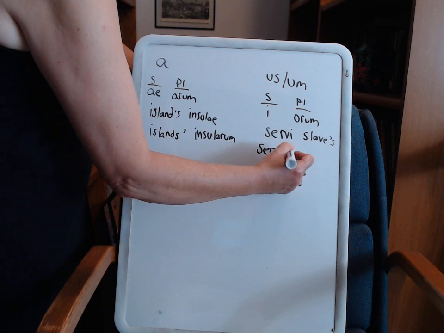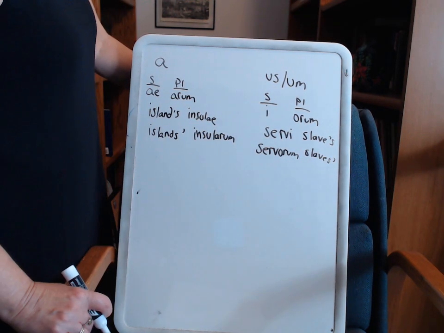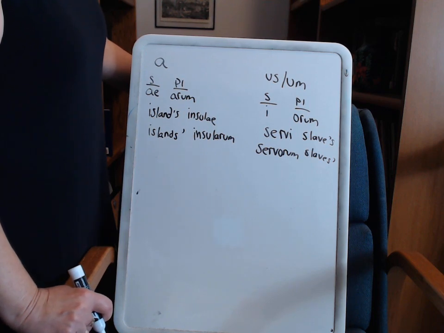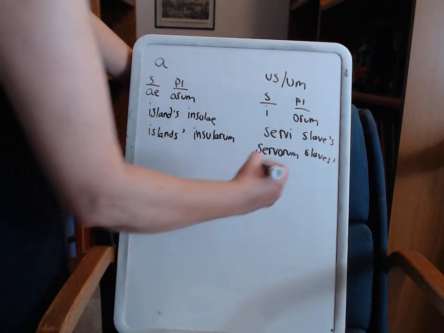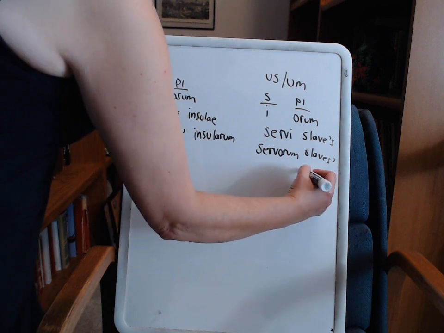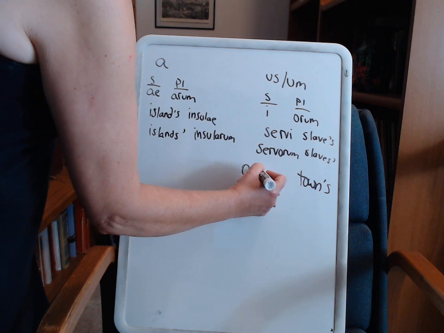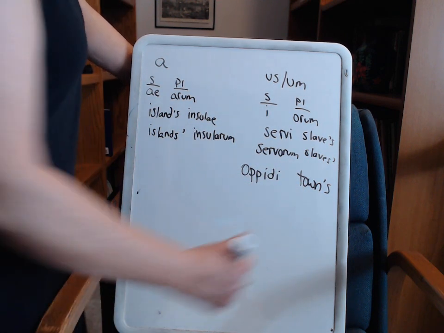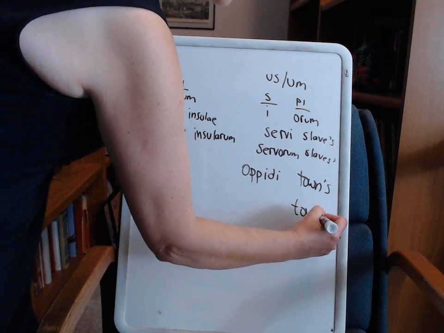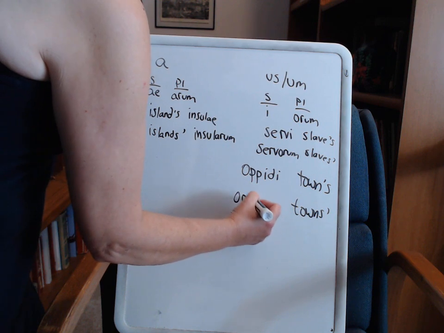Of more than one slave, the slaves', or of the slaves, servorum. A noun like oppidum, as I said, uses the same endings. It belongs to one town, oppidi, or of the town. Of the towns, plural, oppidorum.